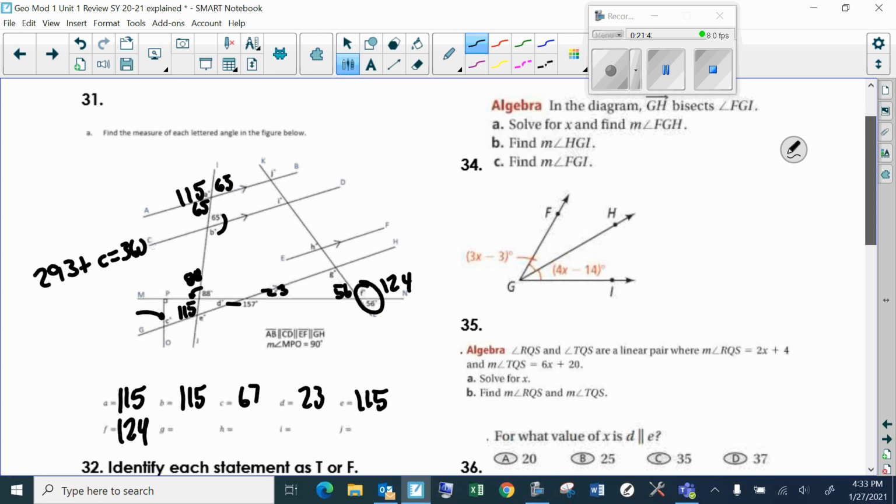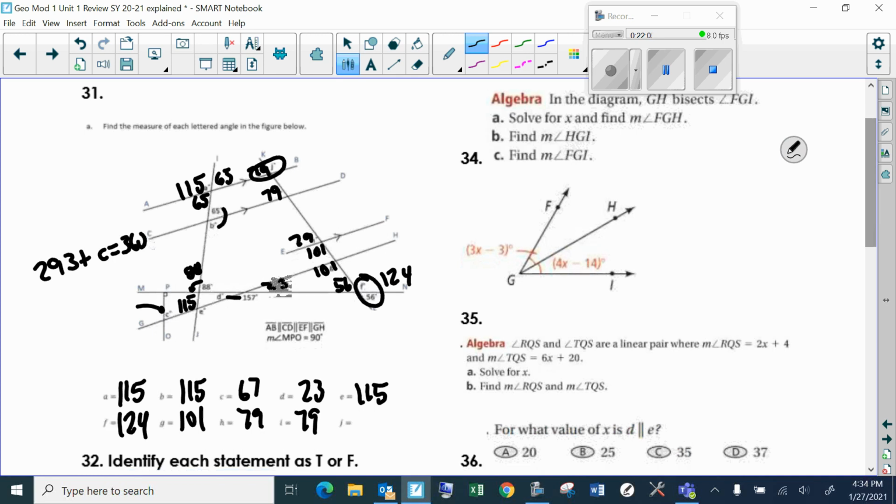That gives me 79 from 180 is 101 for G. Then 101 can jump here for corresponding because they're parallel, which makes H 79. 79 can jump to right here for I, so that's got to be 79. 79 can jump to right there, and then I have a linear pair, which makes L 101.